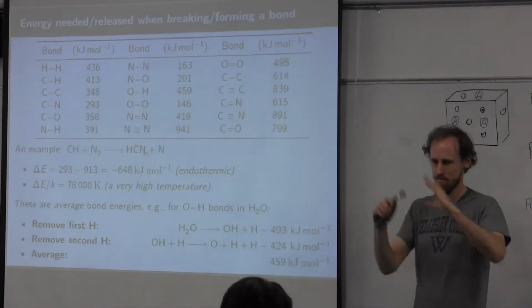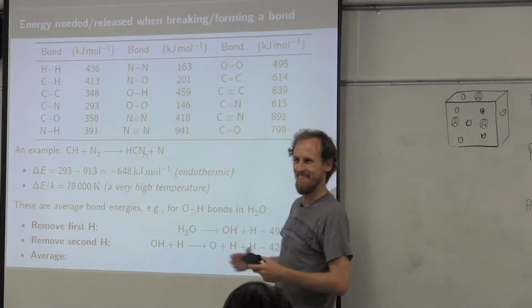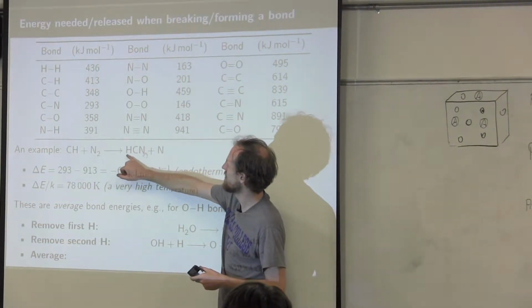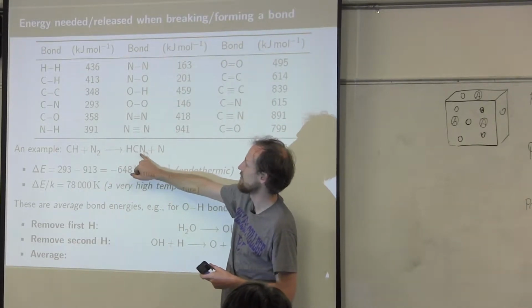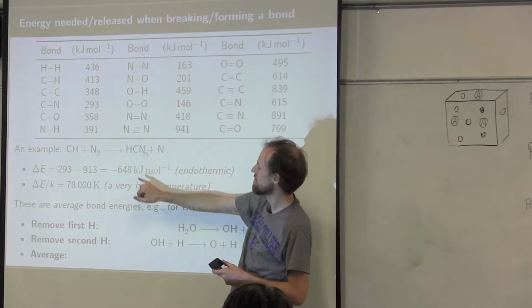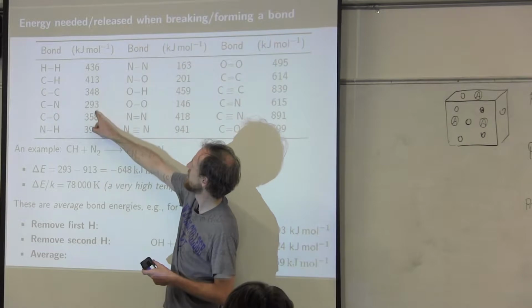So they're kind of free to bond with their environment. And in this case, the H is still there. I've turned it around, but it's the C in the end that's the new bond in this molecule. So that's the C to N bond, which has 293 kilojoules per mole of energy.